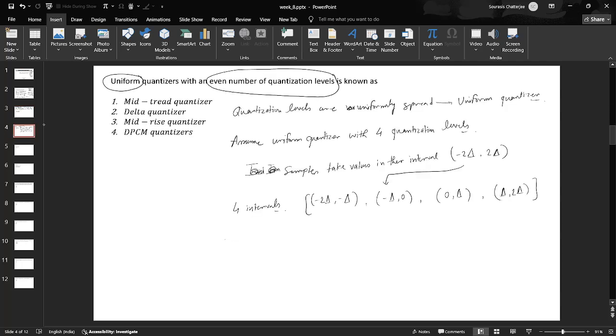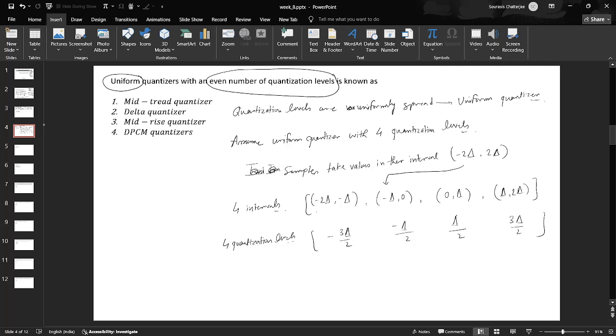So I am going to pick 4 quantization levels. For this interval I am picking -3 delta over 2 as the quantization level. For this one I am picking minus delta over 2. For this one I am picking delta over 2, and for this one I am taking 3 delta over 2.